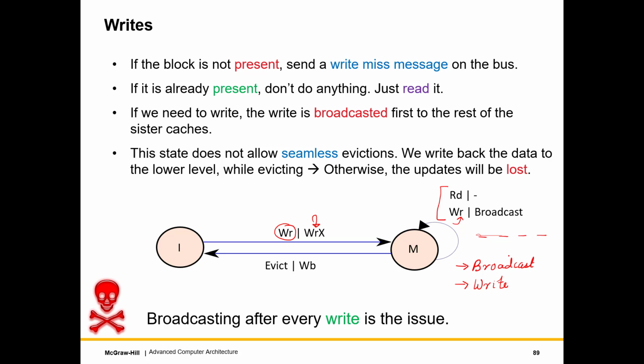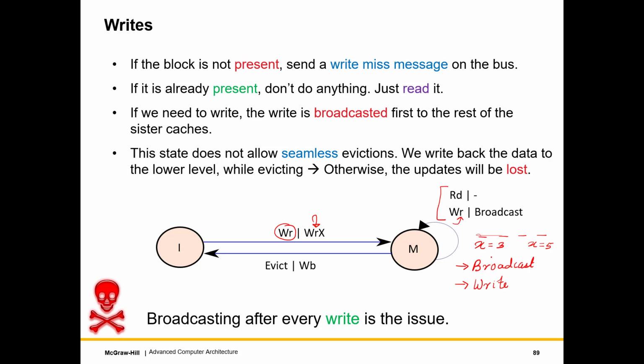So let's say one wants to set x equal to 3, the other wants to set x equal to 5. If it goes ahead and writes first, then in one sister cache x will get written to 3 first, and in the other sister cache x will get written as 5 first, and then they will do the broadcast, which is not right.